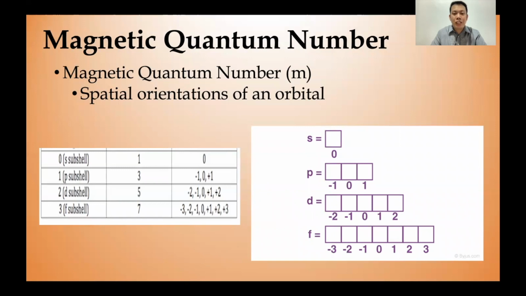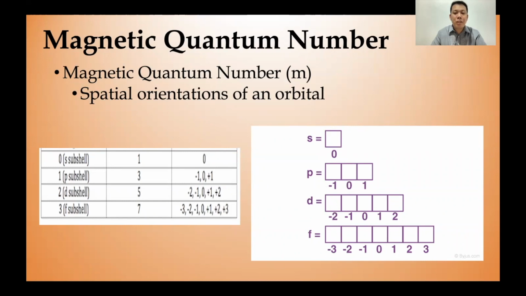As you can see on the illustration, there is an orbital diagram, and there are also numbers for each orbital. S has only one orbital, so the value is 0. For P, it is negative 1, 0, and 1. For D, it is negative 2, negative 1, 0, positive 1, positive 2. For F, it is negative 3, negative 2, negative 1, 0, positive 1, positive 2, and positive 3.